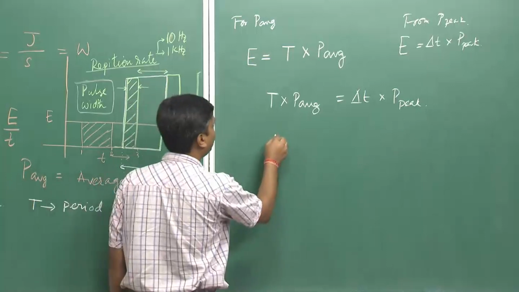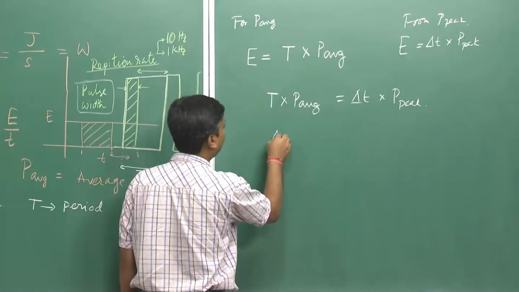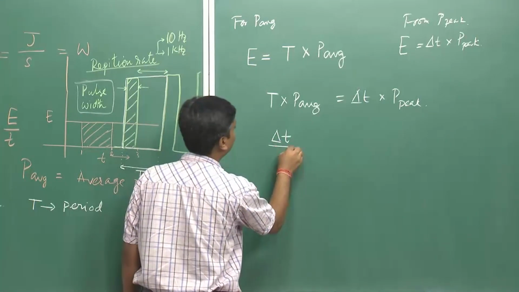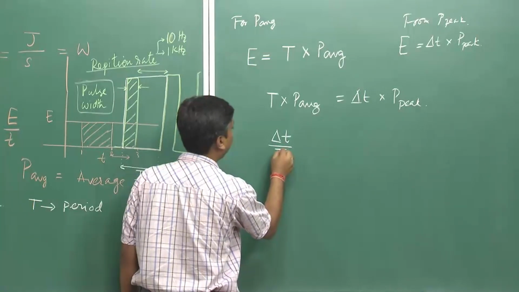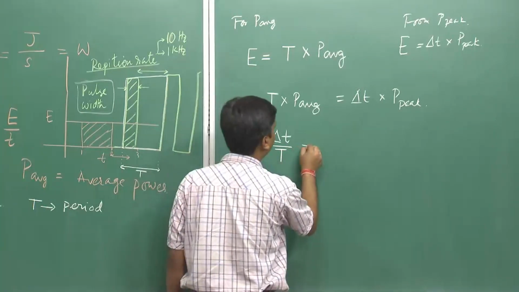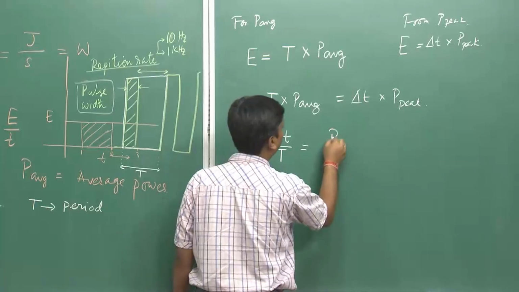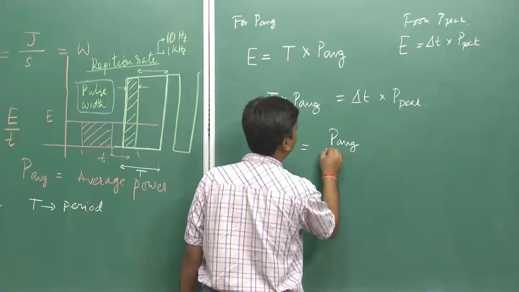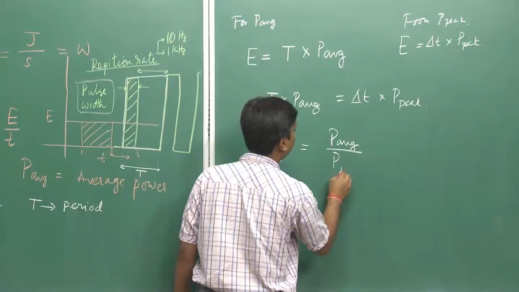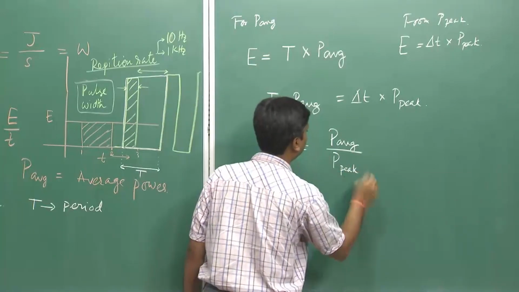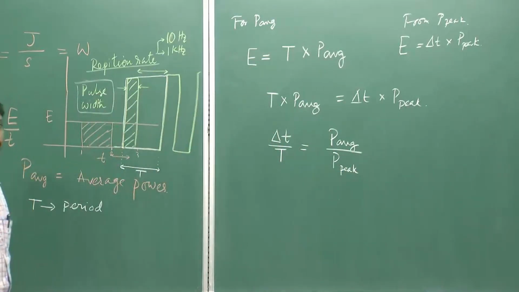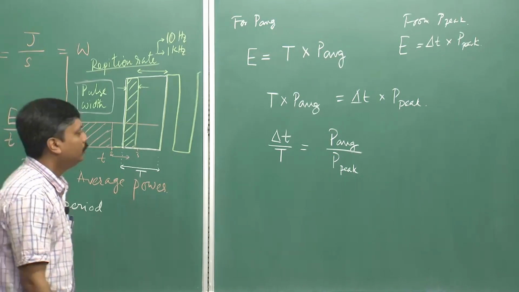Now I can rearrange this so that I can write delta T over capital T is equal to average power divided by peak power.